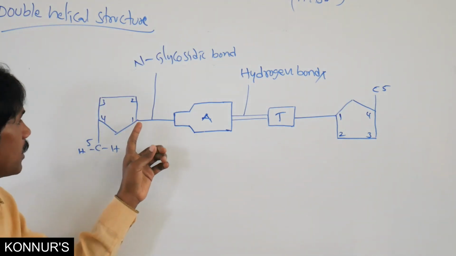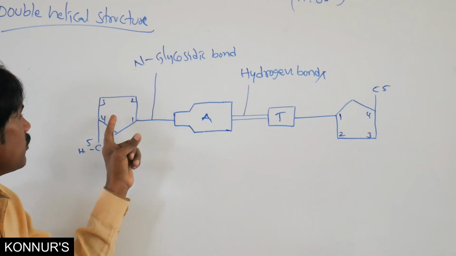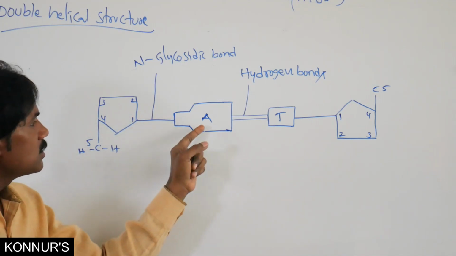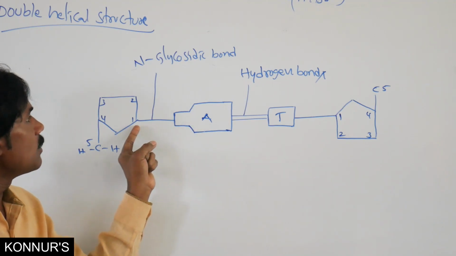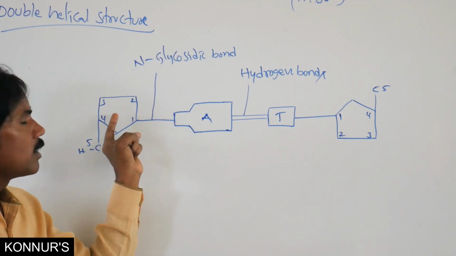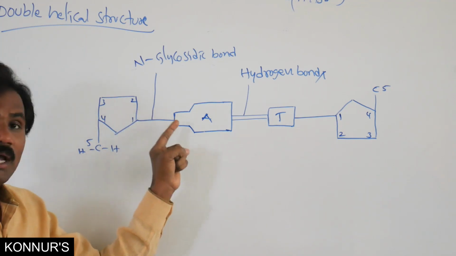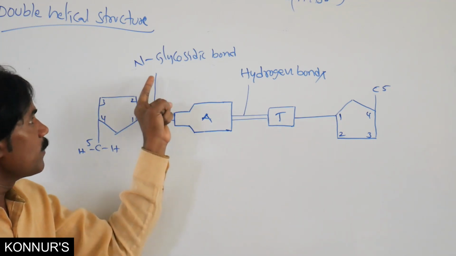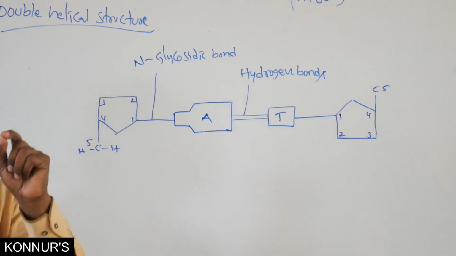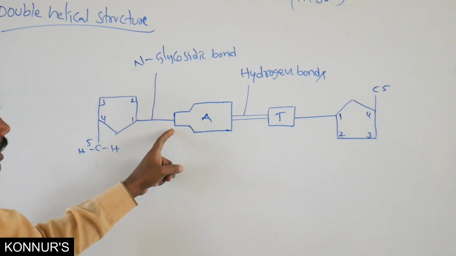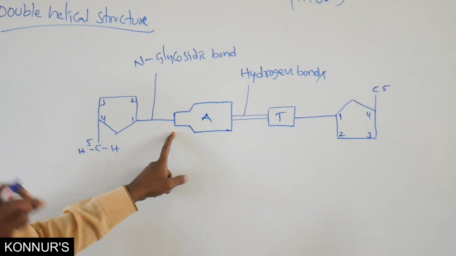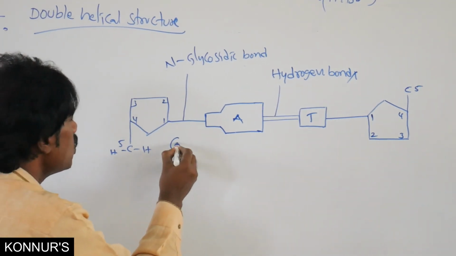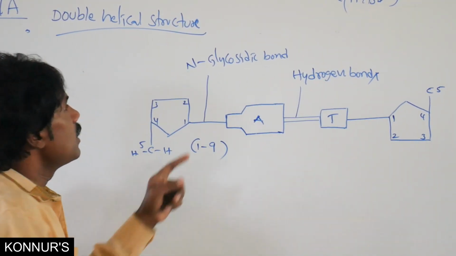Here very important: between pentose sugar and one of these nitrogen bases, when pentose sugar is combined with purine, what type of N-glycosidic bond is it? 1, 9. Here first carbon, here ninth nitrogen, as I just drew. That's why it is 1, 9.